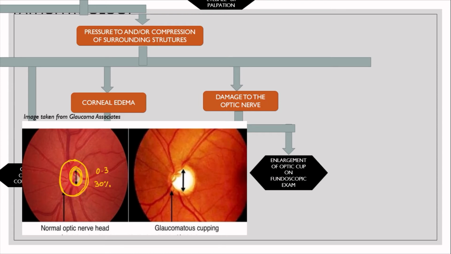Compare this to cupping in glaucoma. Here is the optic disc, and this is the optic cup. Note that this ratio is far more than 30% of the area of our optic disc, and that is what we call glaucomatous cupping.